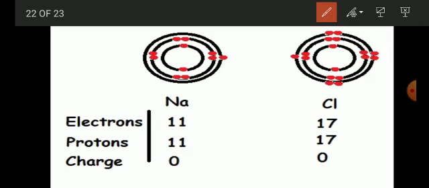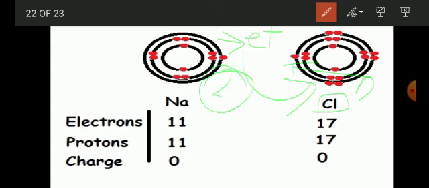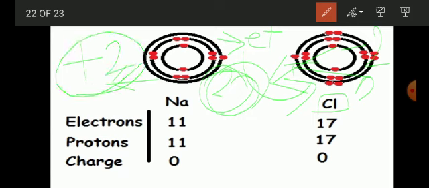So if my sodium has extra electrons and does not require that electron, it is going to give that electron to the chlorine, and this chlorine is needing that electron. So if my sodium is going to give 2 electrons and my chlorine is going to gain those 2 electrons from sodium, it means now the charge of chlorine is going to be -2 and the charge of sodium is going to be +2, because it is giving electron.